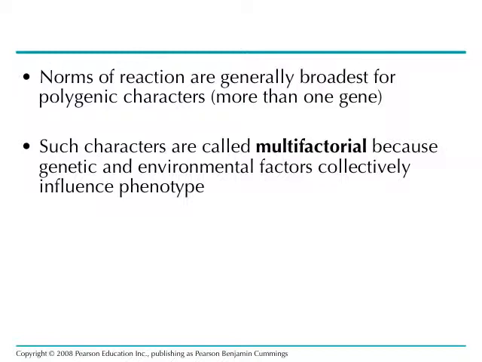Any of these characters that are influenced by both genes and the environment are called multifactorial, meaning there are many factors behind the actual end phenotype. Most human characteristics, especially the ones we can see, are almost all multifactorial, where there are many genes involved. There's environmental influence. It turns out environmental influence probably changes the gene expression, and this equals different phenotypes.